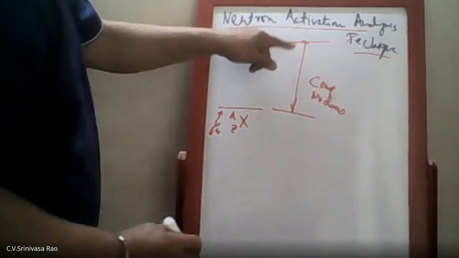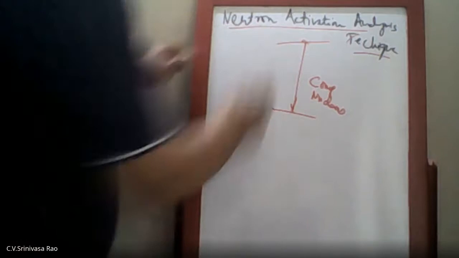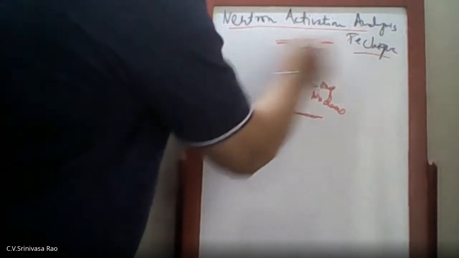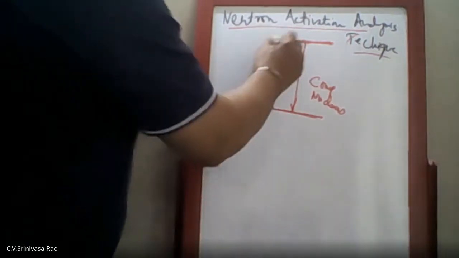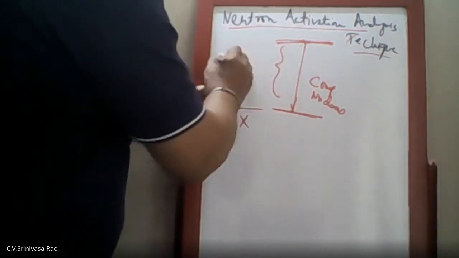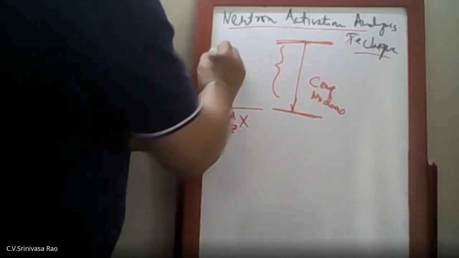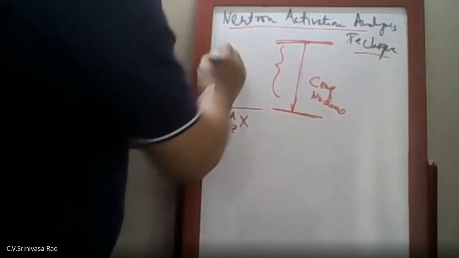Basically, a neutron gets absorbed into it, and then from the ground state, it goes to a higher excited state. This state's energy is given by the amount of kinetic energy and binding energy that the neutrons are bringing.